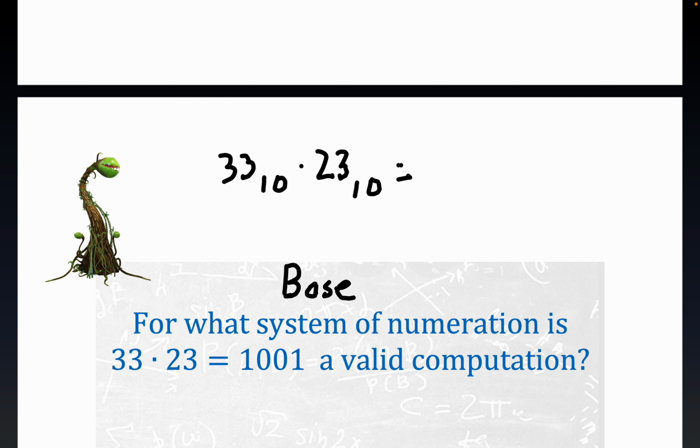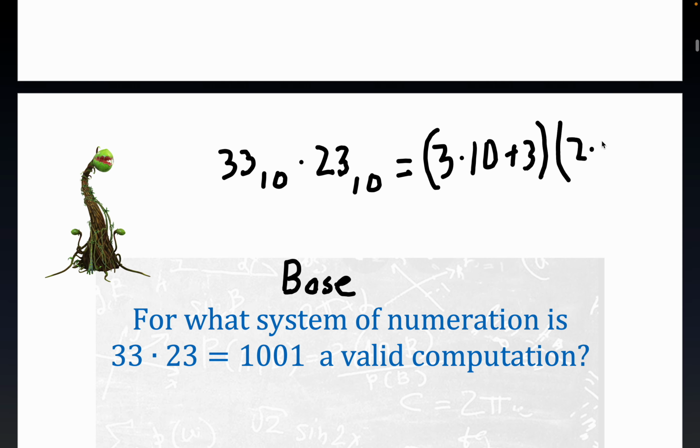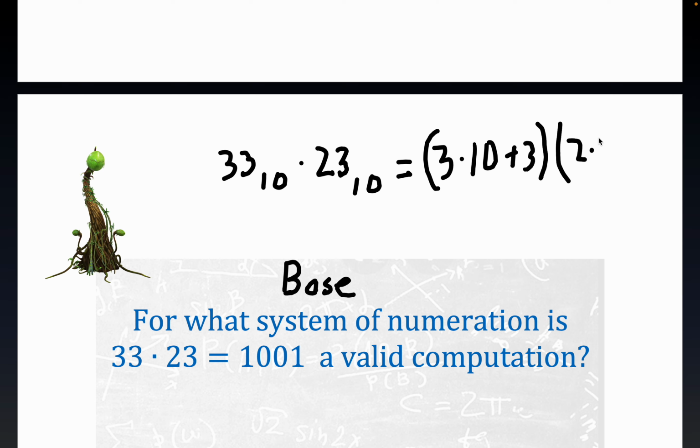That's equal to 3 times 10, I'll put a dot there to save some space, 3 times 10 plus 3, and let me put this parenthetically here, and then 2 times 10 plus 3. Now again, this is way too awkward to write out every time. That's why the shortcuts were invented to do this type of multiplication.